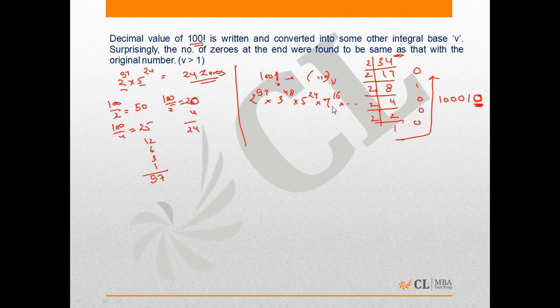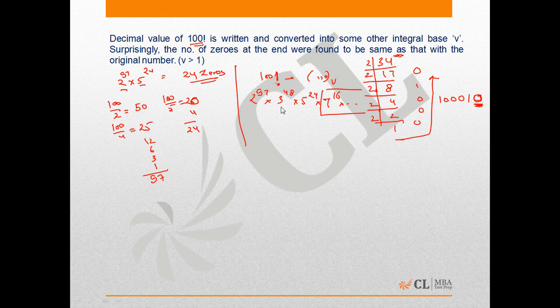Because the power of 7 is 16 here, but we need 24 zeros, we need to find those numbers which give you power as 24, right? So we can rule out the rest after this. Now, for example, v can be 5 also, right? If 100 factorial is converted to base 5, it will give you 24 zeros at the end, because the power of 5 is 24.